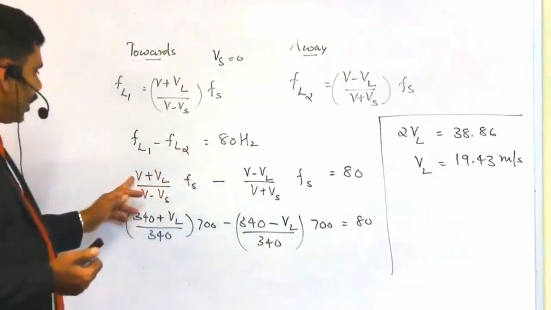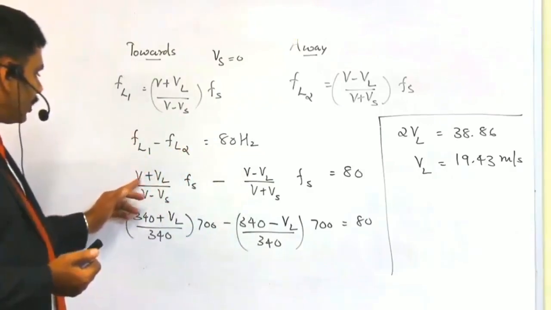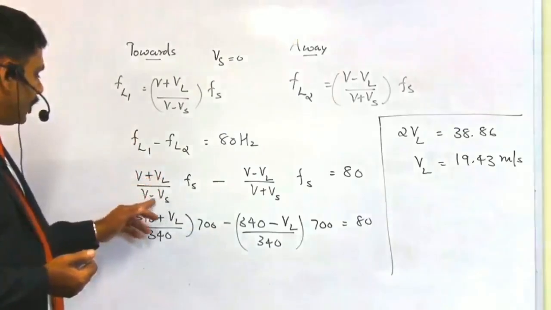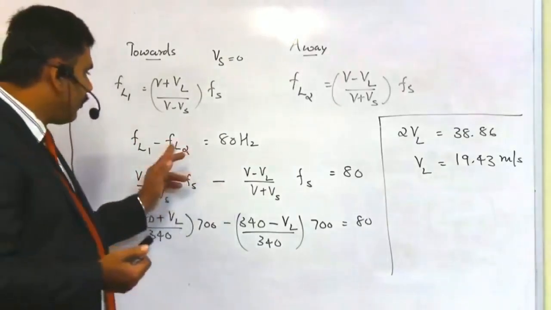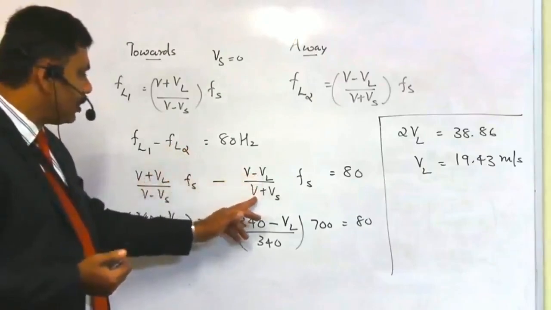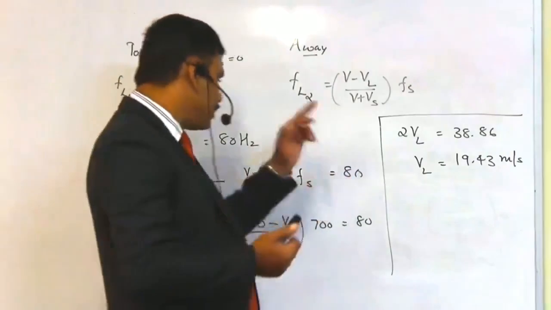So we write the equation: FL1, which is (V plus VL) divided by (V minus Vs) times Fs, minus FL2, which is (V minus VL) divided by (V plus Vs) times Fs, equals 80.